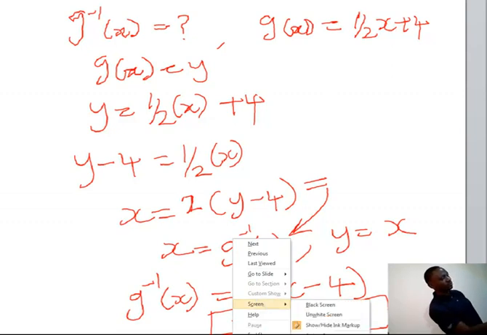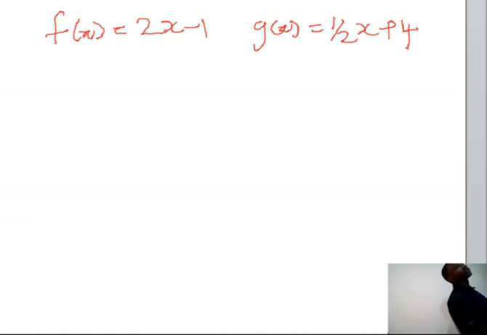Now let's proceed. Recall from what we have been doing so far, we said our f of x is 2x minus 1, and our g of x is 1 over 2x plus 4.